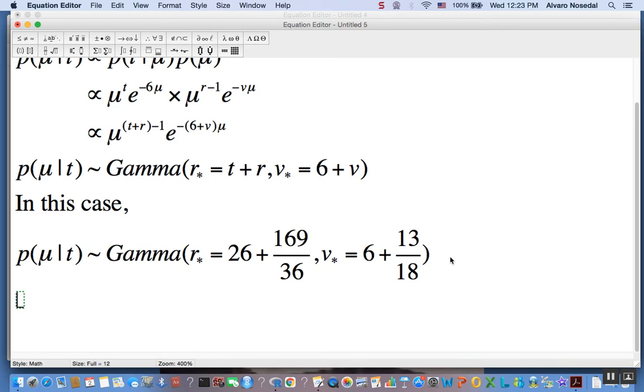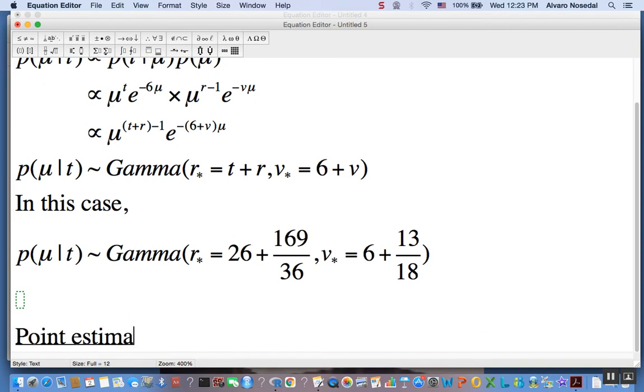So now, for instance, if we want to do inference, say that you needed to provide a point estimate for the number of GSR particles. A point estimate would be given by the posterior mean, right?